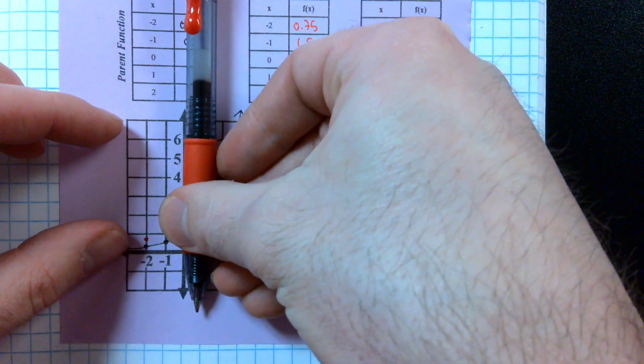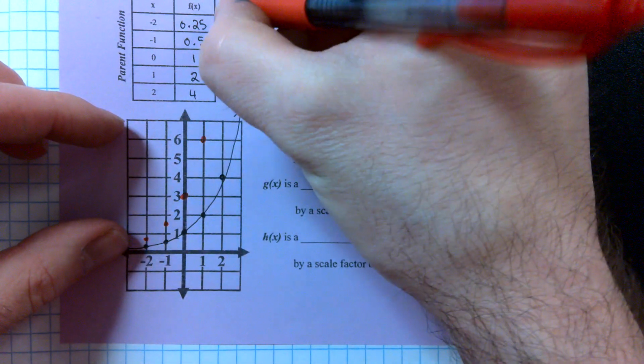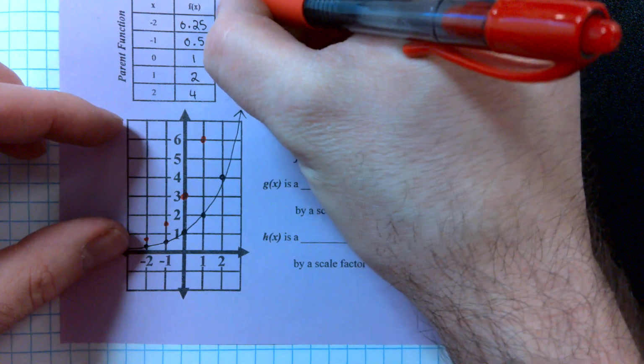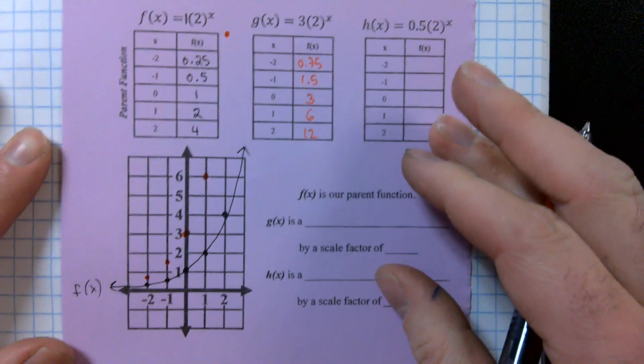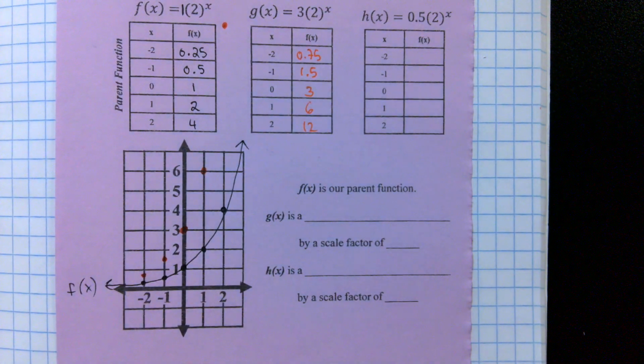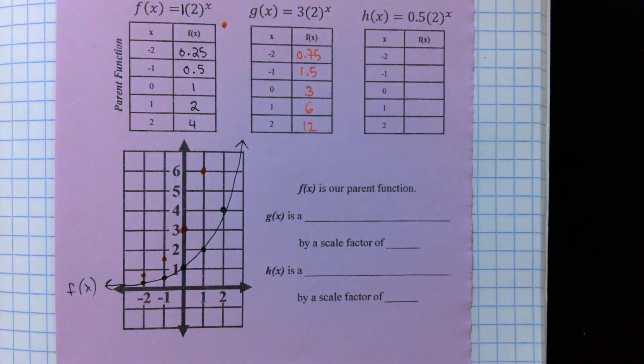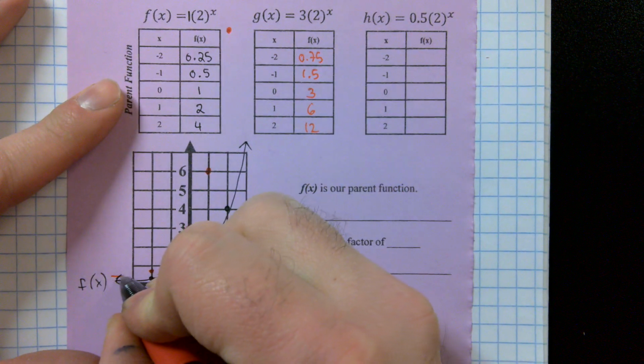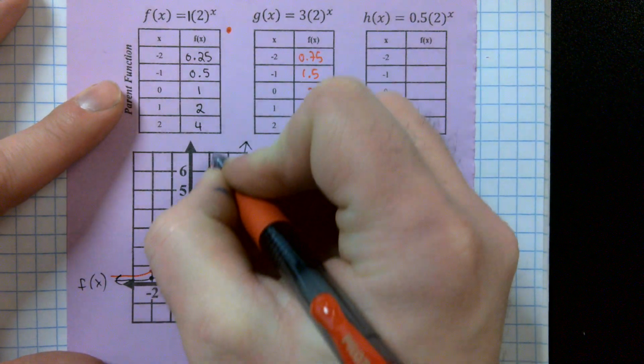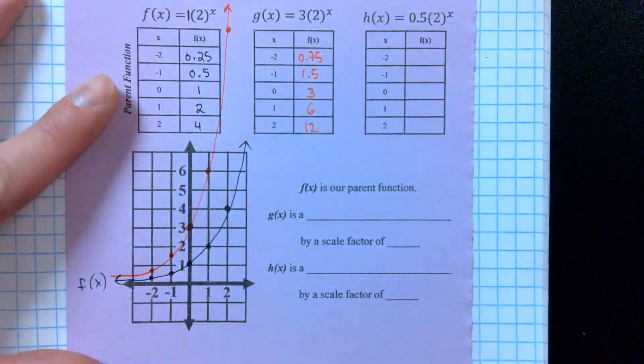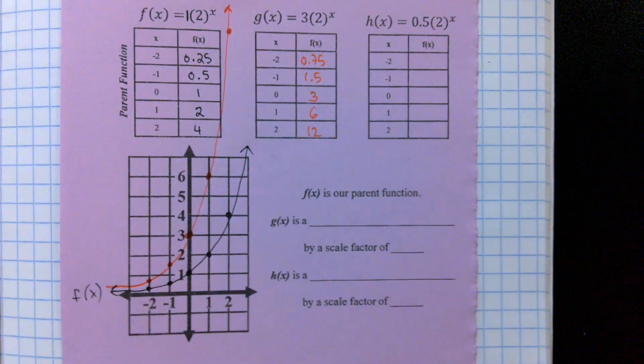How tall is that? 12 is like way up here. Okay. So we connect all those red dots together. All the way up there to the top.